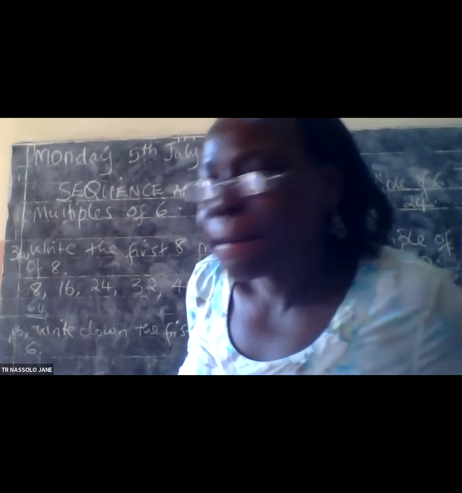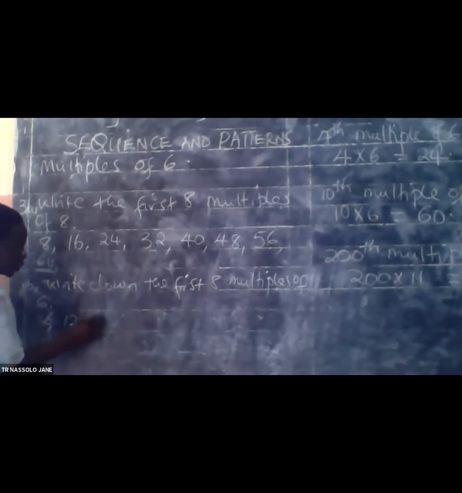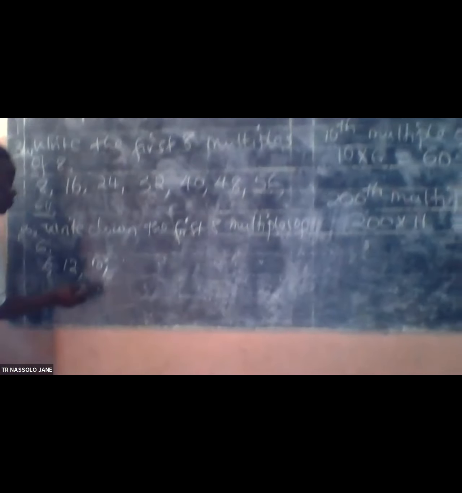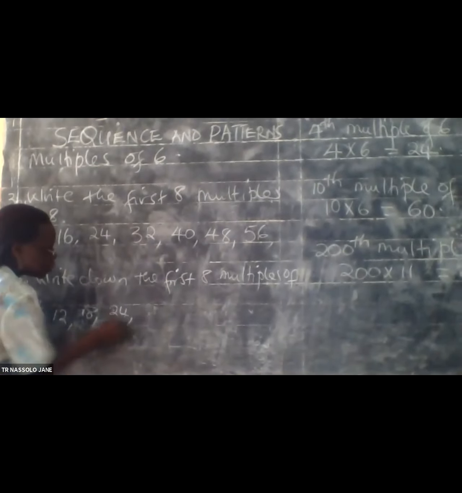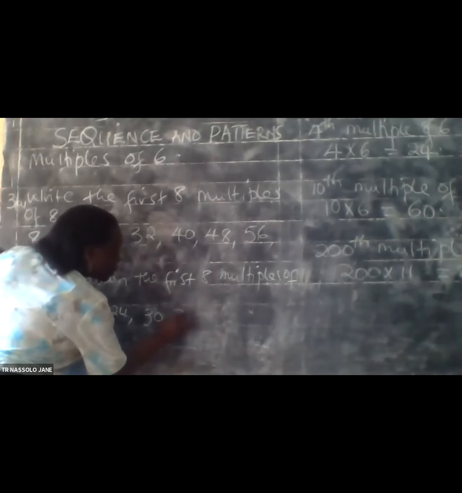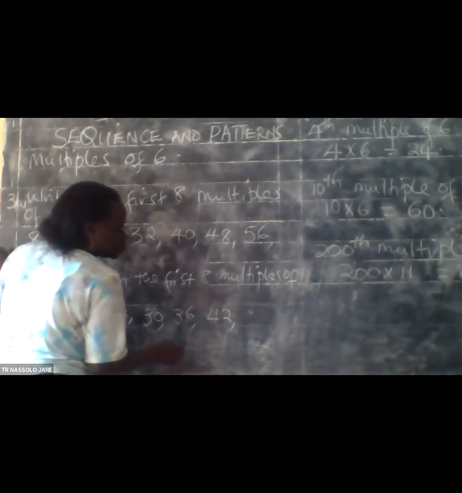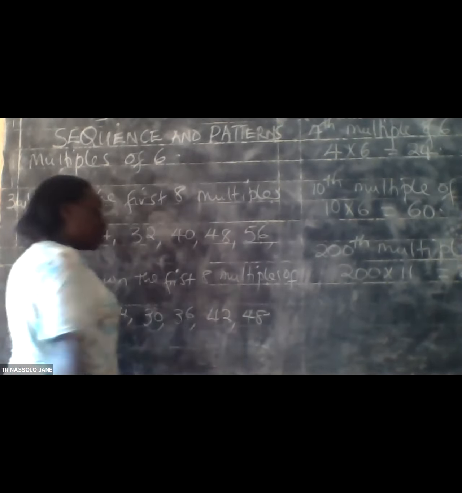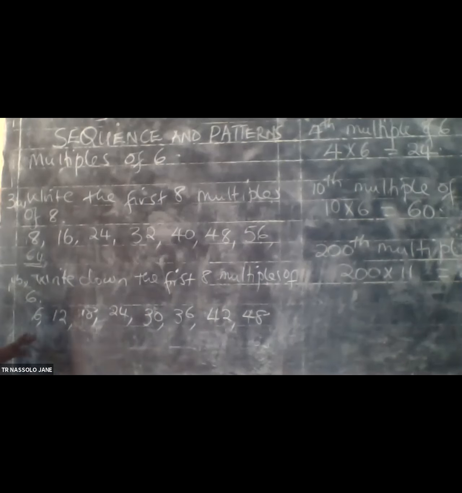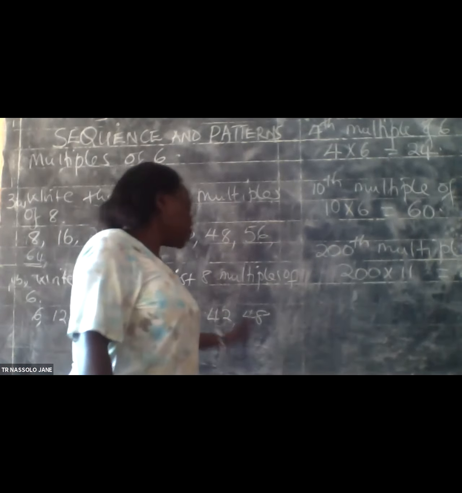We have 6, 12, 18, 24, 30, 36, 42, 48. So the first 8 multiples of 6 are 6, 12, 18, 24, 30, 36, 42, 48.